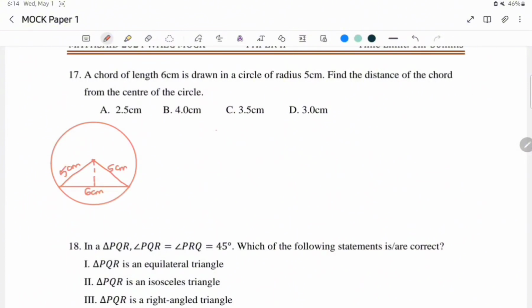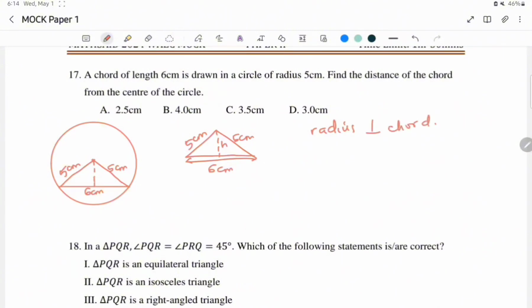So if we bring out this triangle, we have from here to here as 6 centimeters. We have 5 centimeters here, 5 centimeters here. I want to look for this distance. Let's call it H. Well, the radius is perpendicular to the chord.